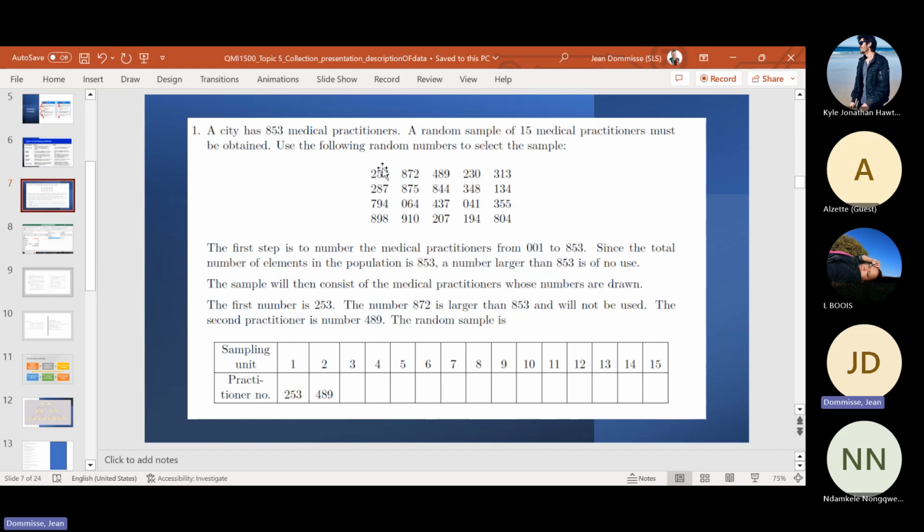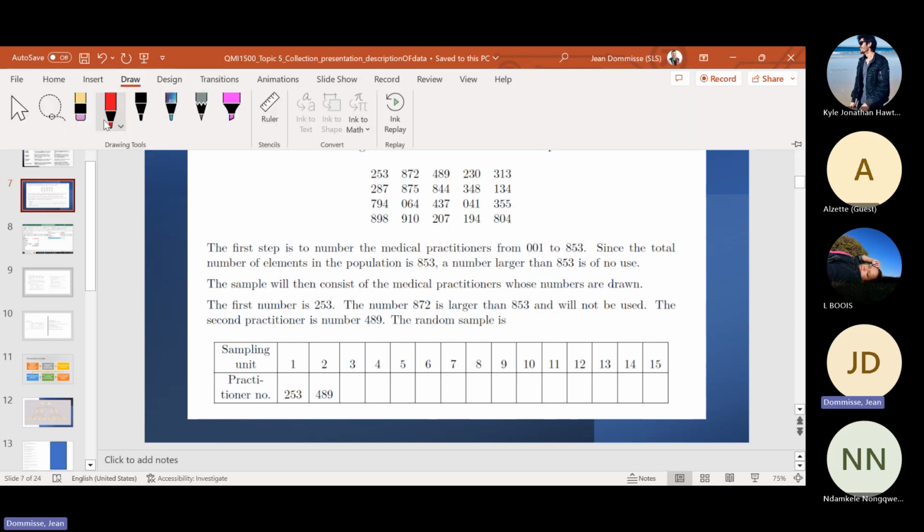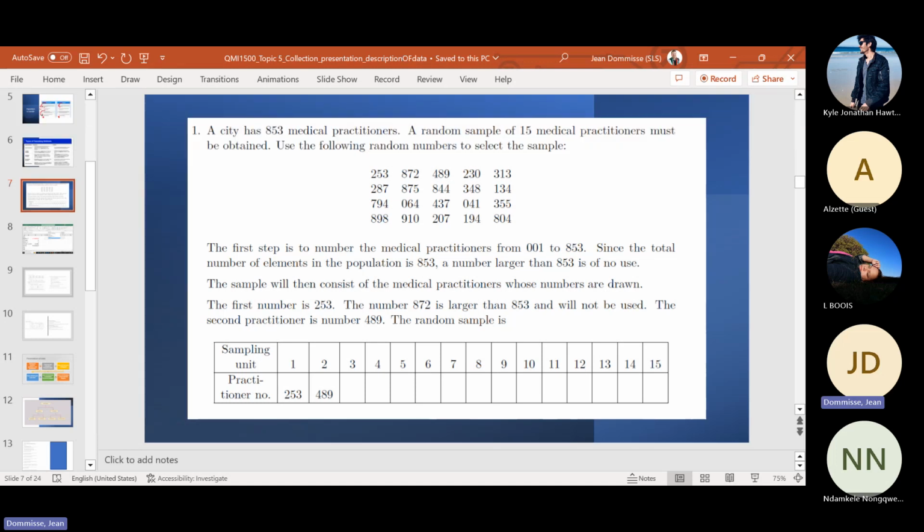The first number drawn is that. Then we know that 853 is the maximum. So if we get a number like 872, that's not going to work.